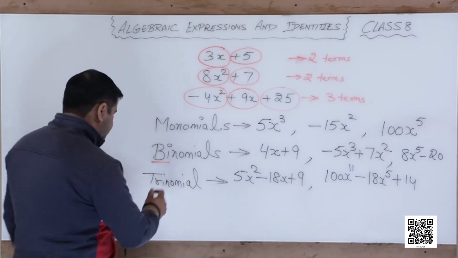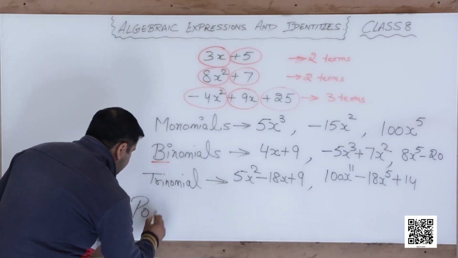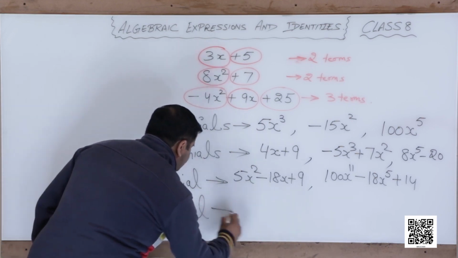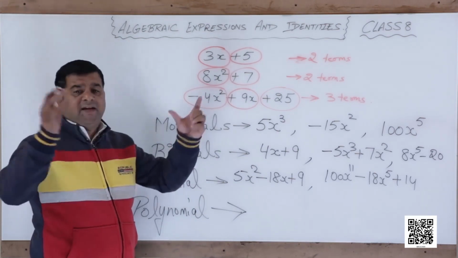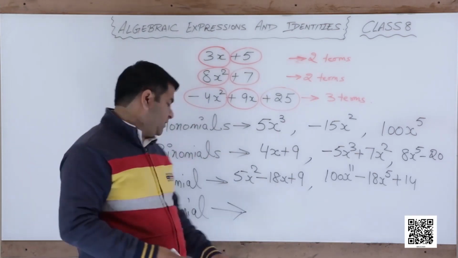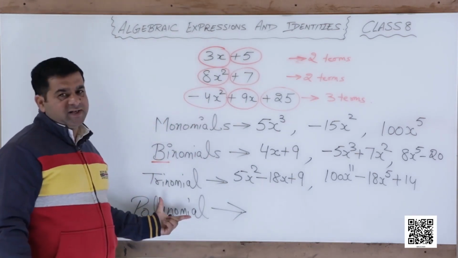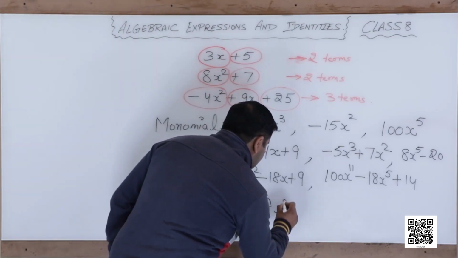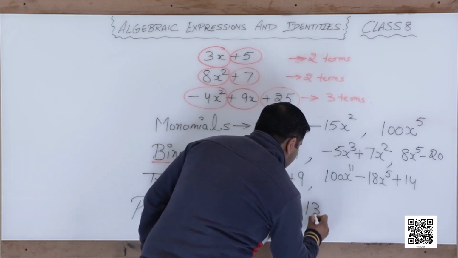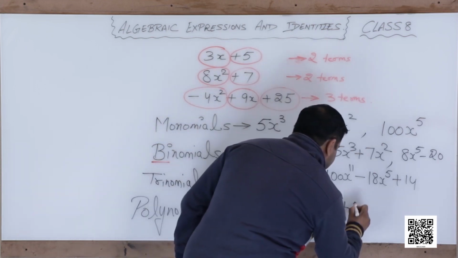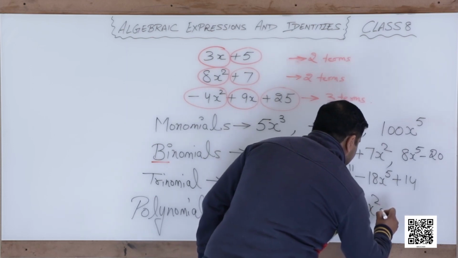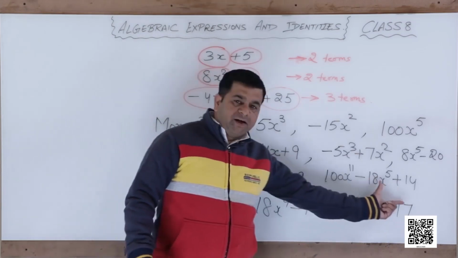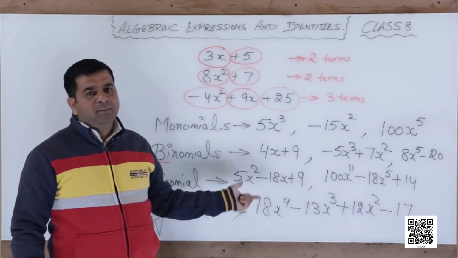And students, if we have more than 3 terms in an expression, then that expression is known as polynomial. For example, say 18x raised to power 4 minus 13x cube plus 12x square minus 17. Here we have 4 terms, so that is why this will be known as a polynomial.